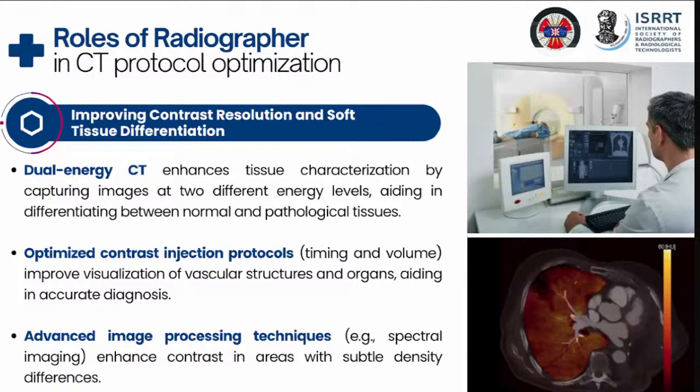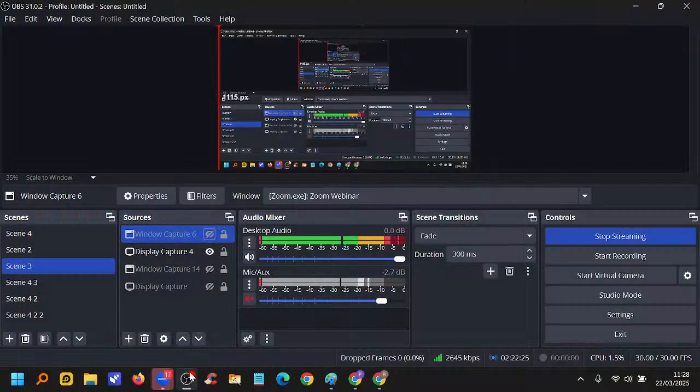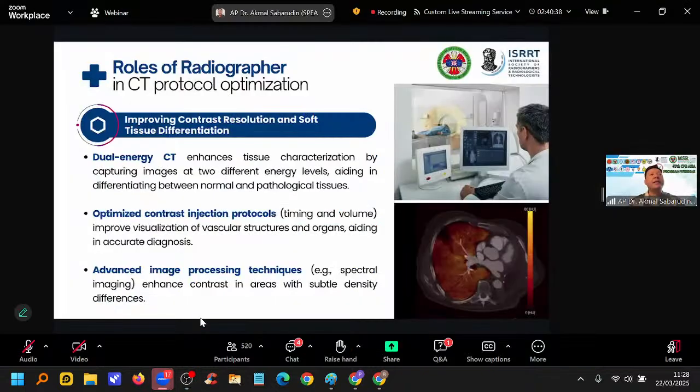Because as long as we can optimize the contrast injection protocol, you not only sit there and just press the button, but you learn every single thing: why is this useful, and how you can do this better. So it improves visualization of vascular structures and organs, aiding in accurate diagnosis.